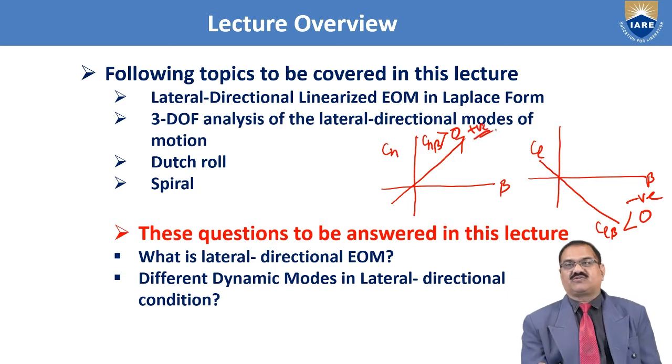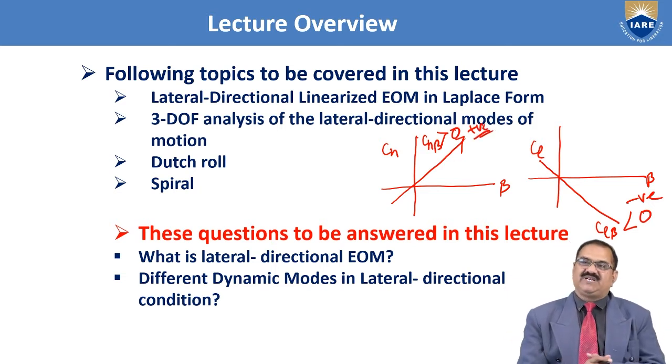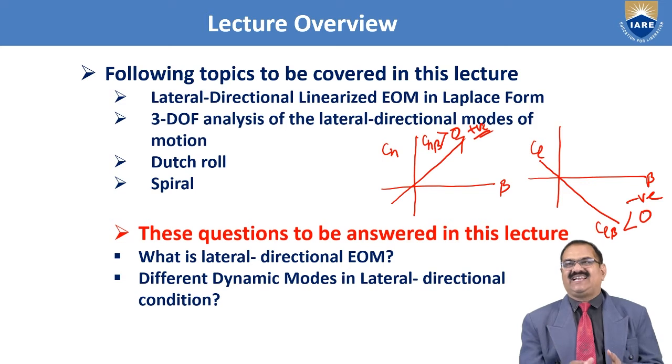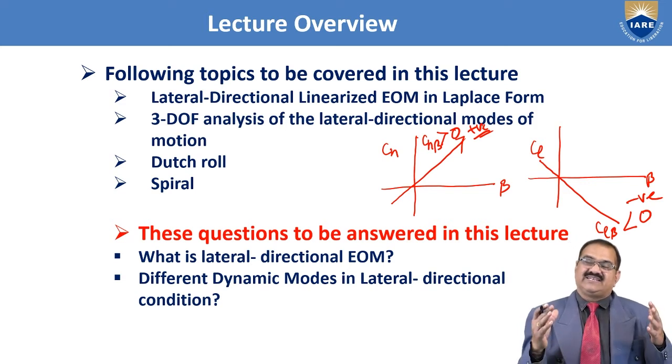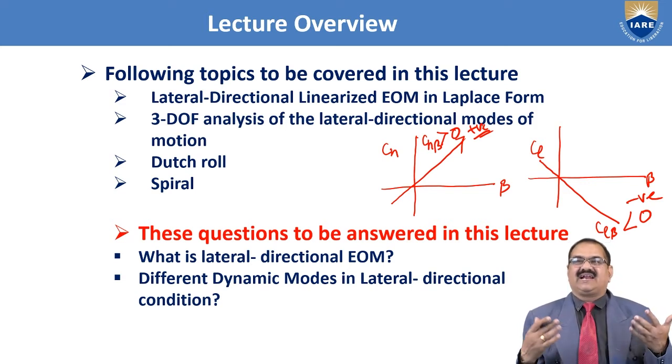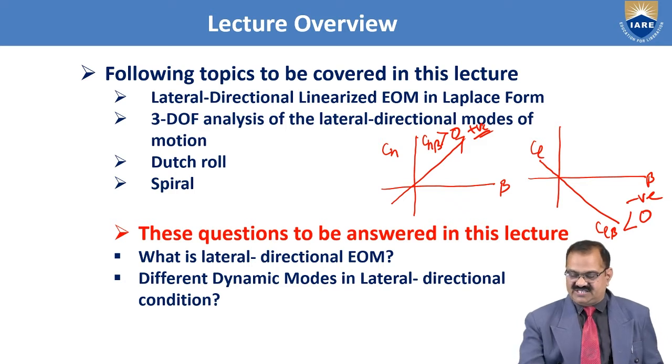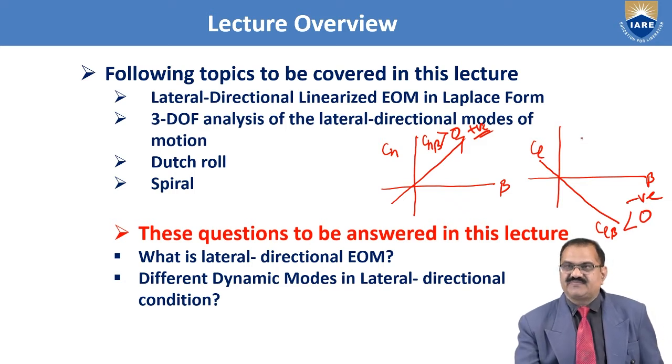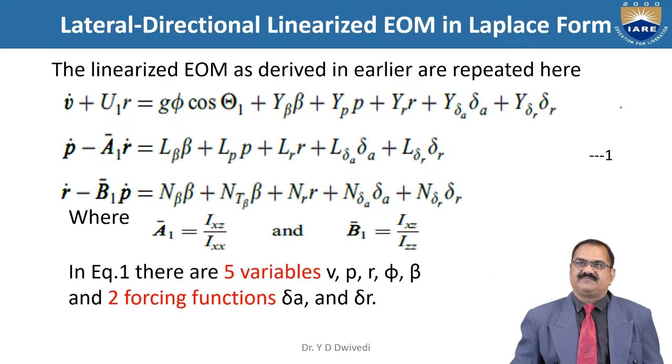So these are the two conditions. If we are able to meet these conditions, we can say that the aircraft is statically stable in directional, and this is about rolling. So this we have already covered.